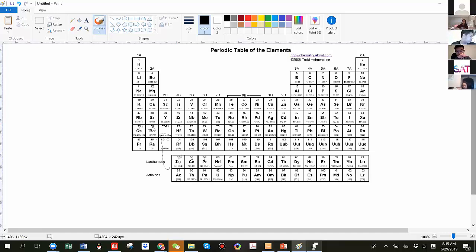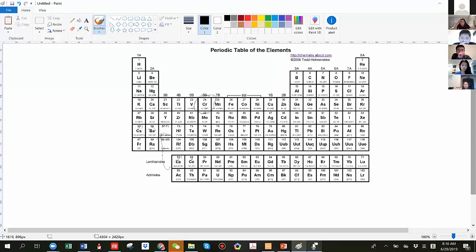Okay, so this electron configuration stuff is actually really important. So I think it might be a good idea to do another example. Let's do a slightly harder example. Let's go with chromium. Now we don't want to have to write out the entire electron configuration of chromium, because that would be pretty long.